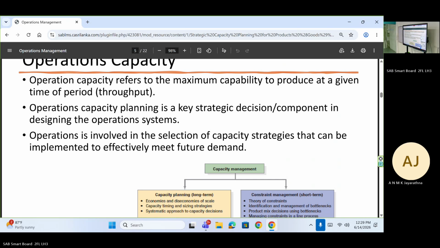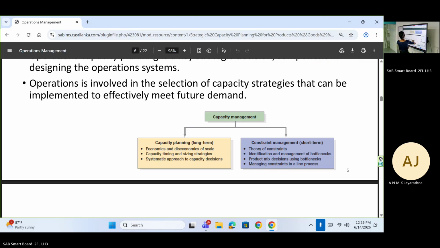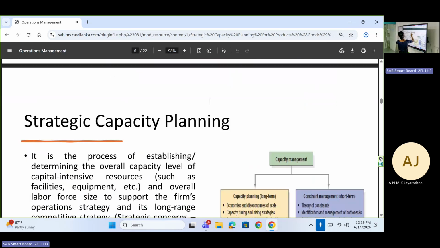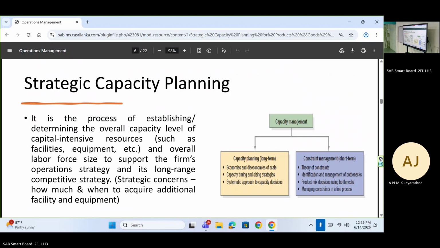Write down, it is the maximum capability to produce at a given time period. This is the meaning of capacity.